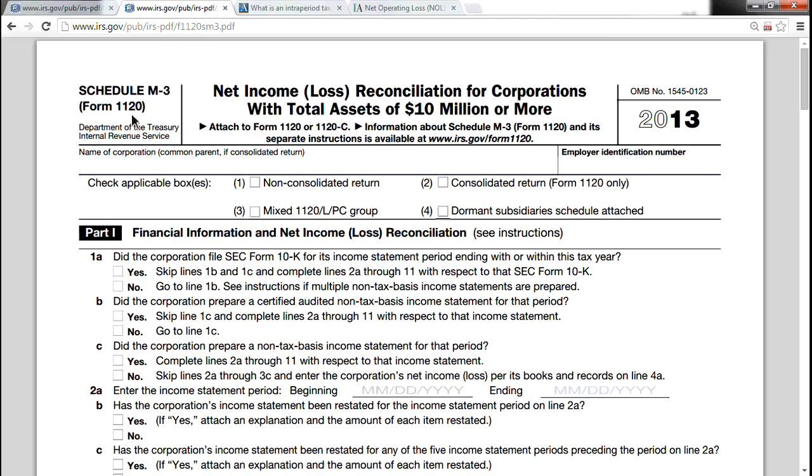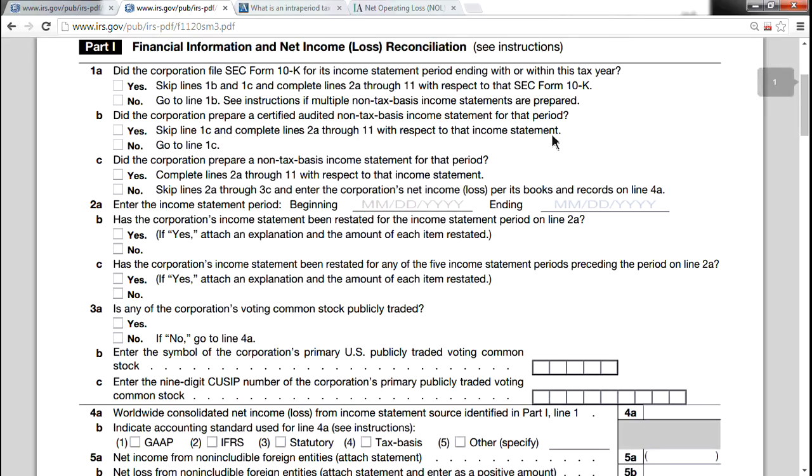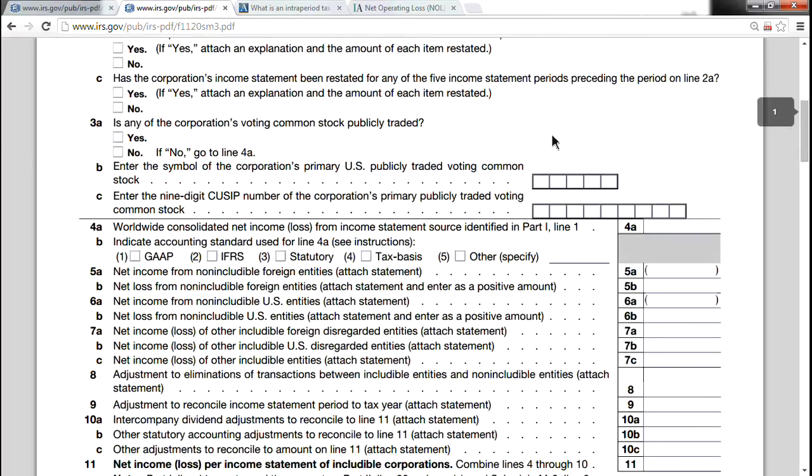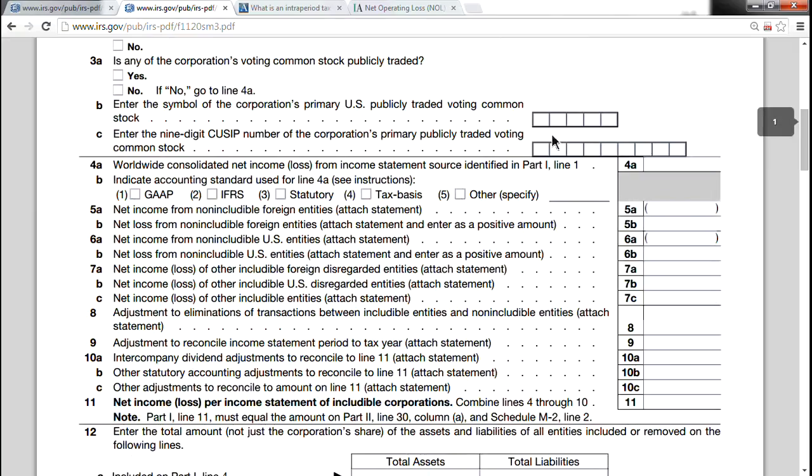based on the corporation tax return, we have net income loss reconciliation for corporations. So how do we reference this? I used to look at the M-3 a couple of years ago, and now we can see that it's changing as far as the accounting standards used.